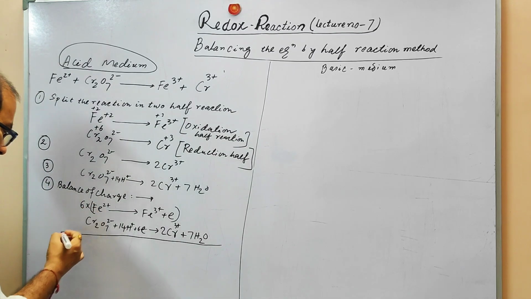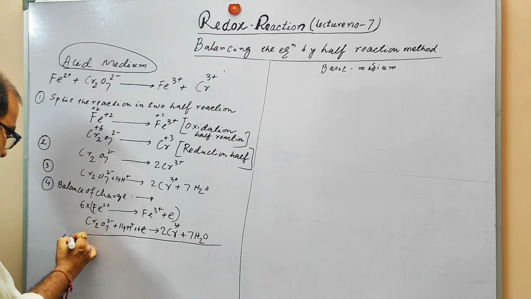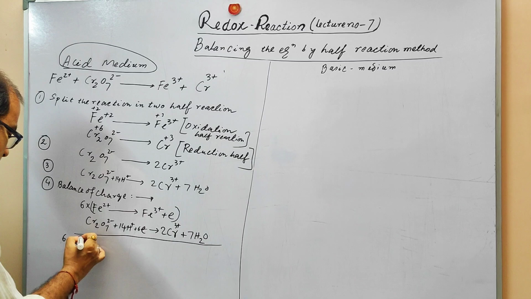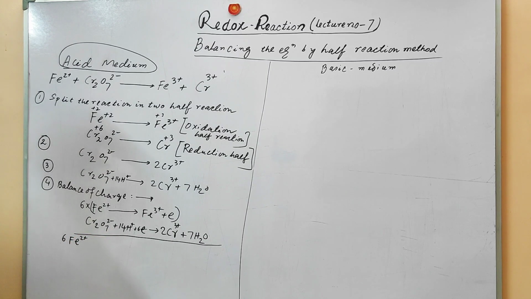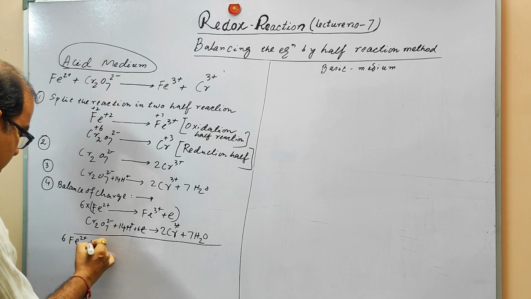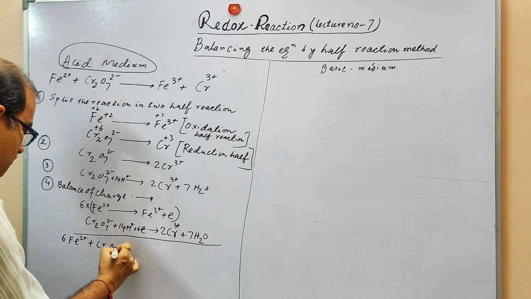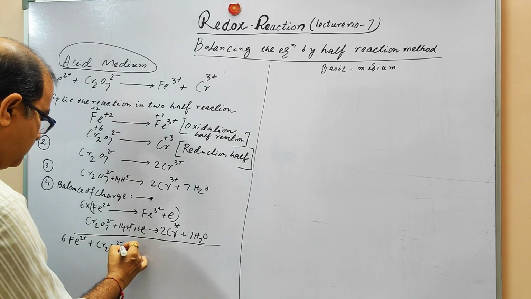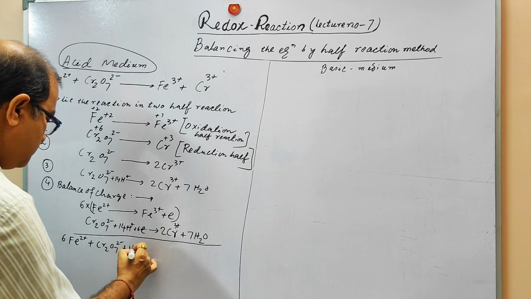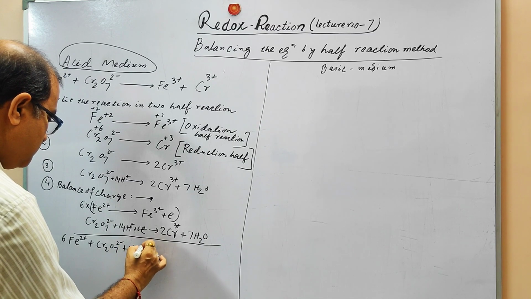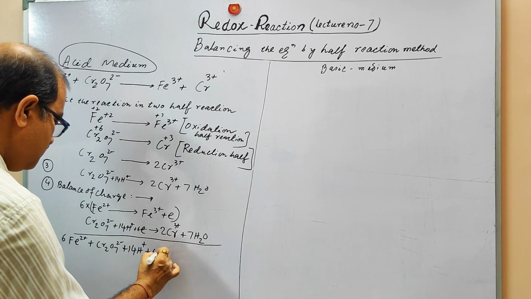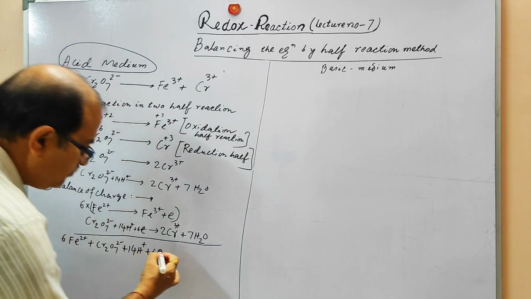Now we will put the total overall reaction, the 2 half reactions we will put together: 6 Fe2+ plus Cr2O7 2-, then 14 H+, 6 electrons, right?